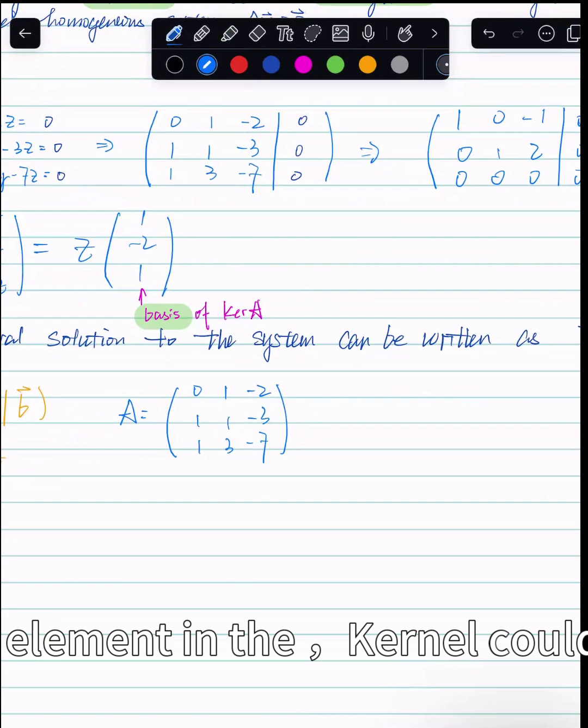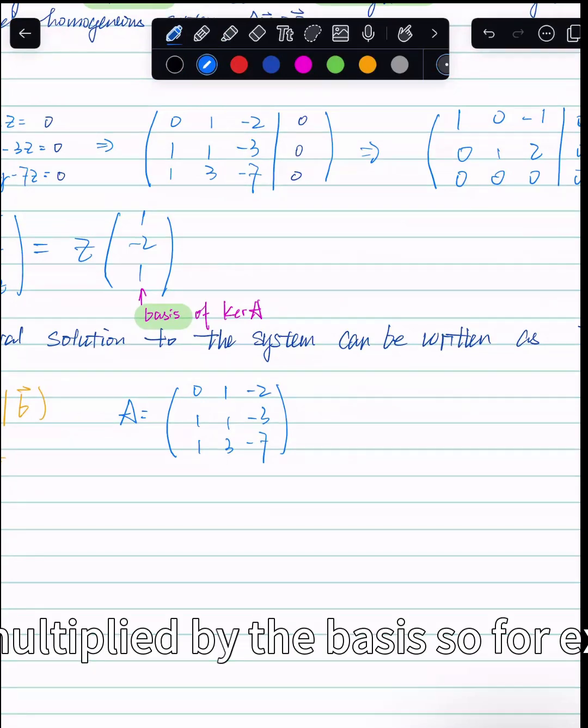One example in this case: one element in the kernel could be the basis itself, or just one multiplied by the basis.